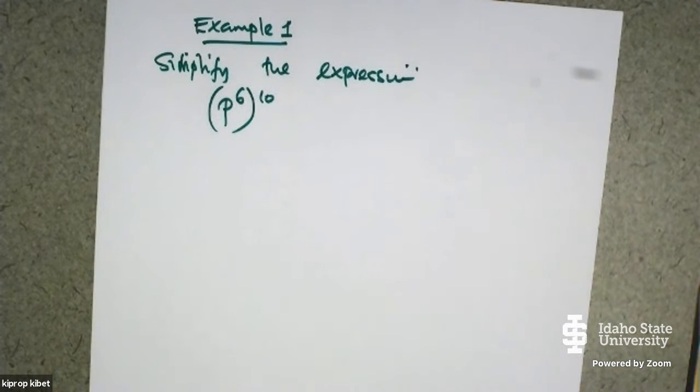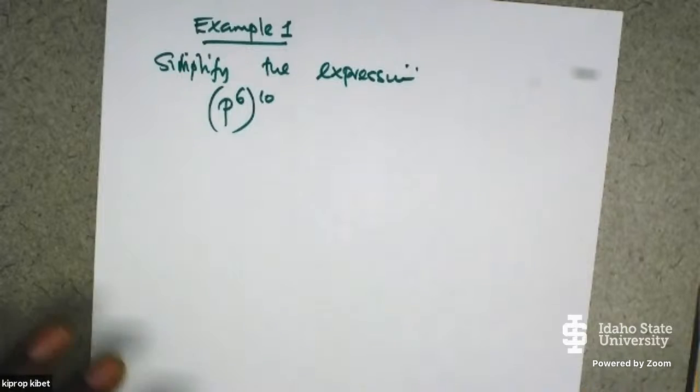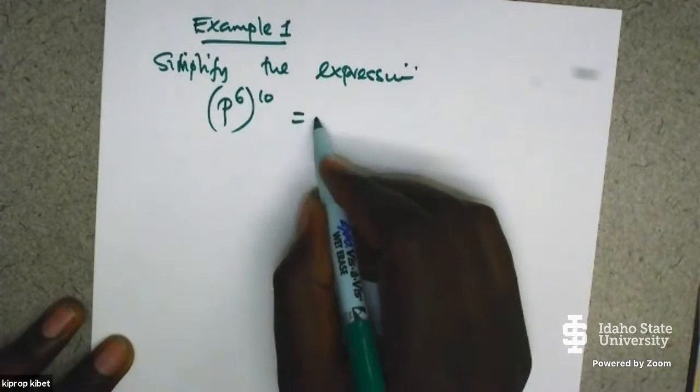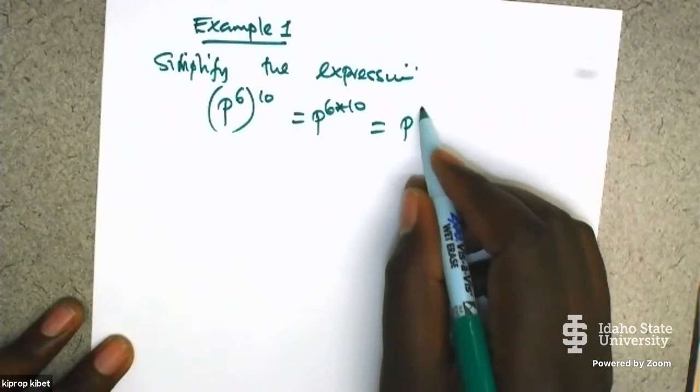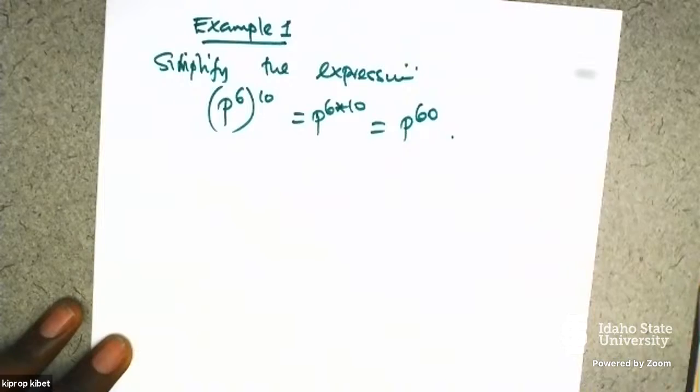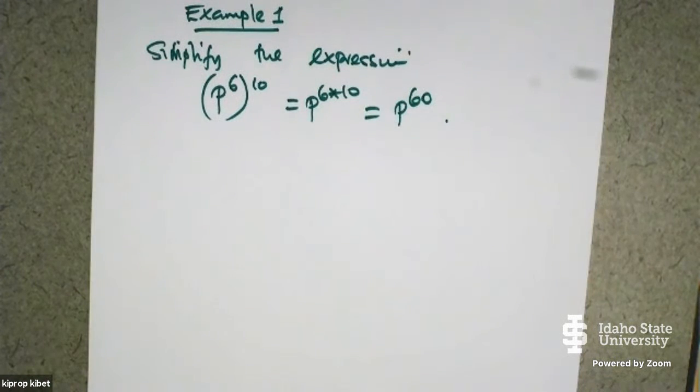That is similar to property number 6. So this is equal to p raised to 6 multiplied by 10, and this one is p raised to 60.